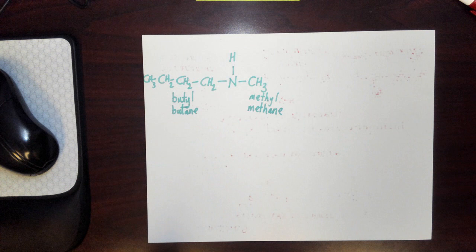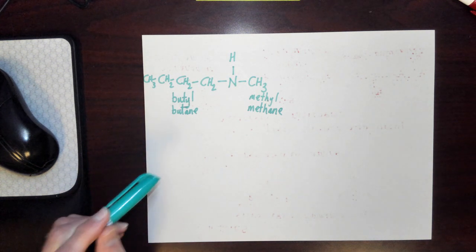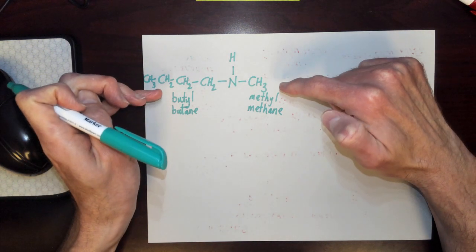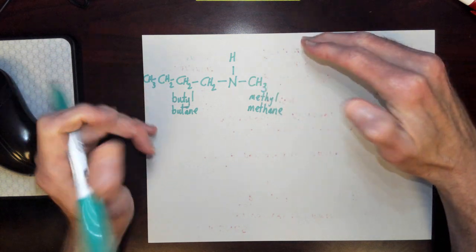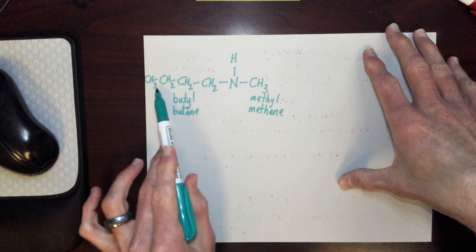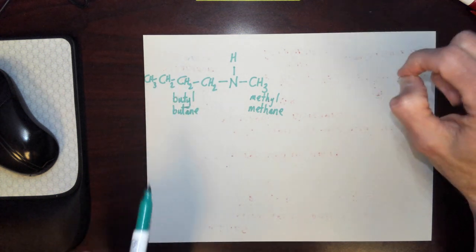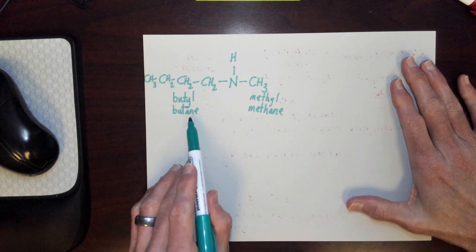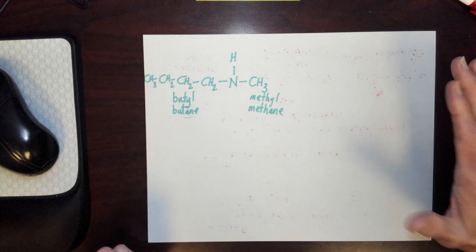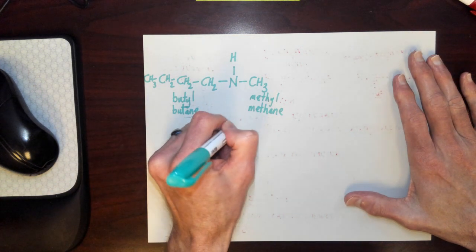Now, when we have 2 or more alkyl groups directly attached to the nitrogen, we want to use the longest carbon chain as our root, as our backbone of that amine. So we're going to use the butane, and this will be a butanamine.